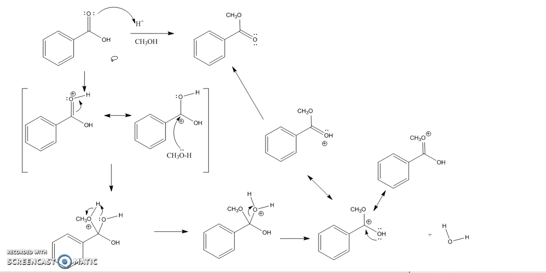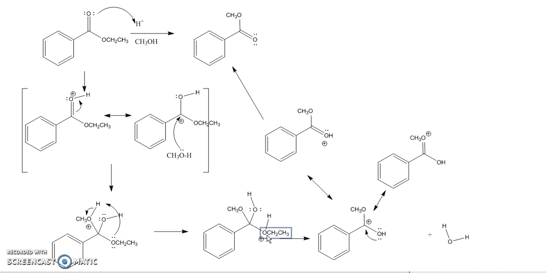If I make one more change and change this OH all the way through my reaction to an ethyl group, or an ethoxy group I should say, everything is going to go exactly the same as before up till this step where the hydrogen goes to a different place. Instead of going to this oxygen with the OH, it goes to the oxygen of the ethyl group.